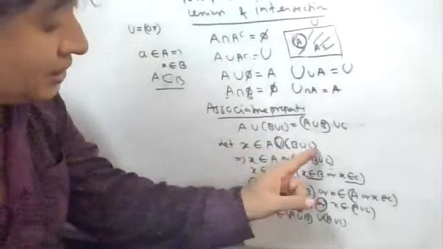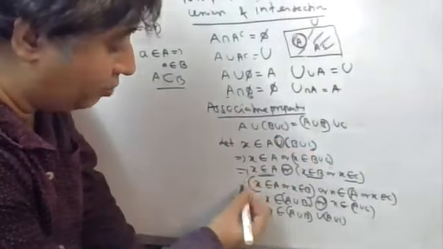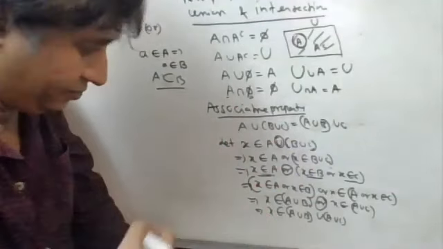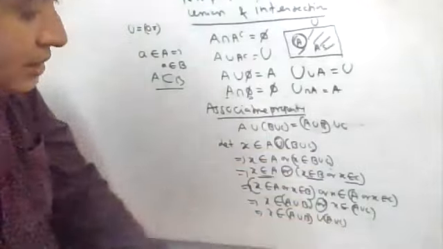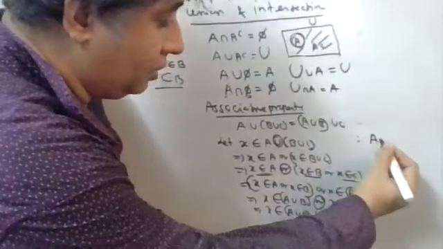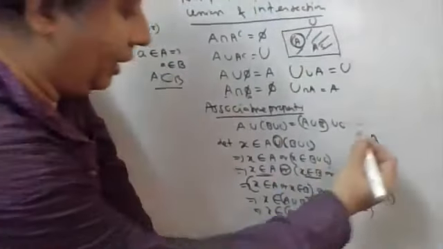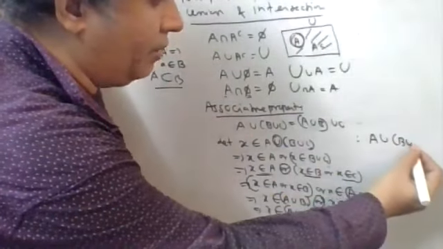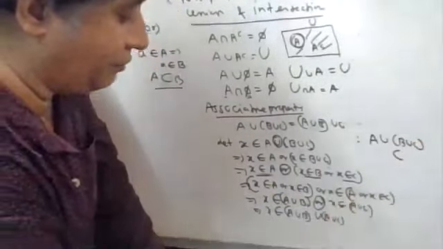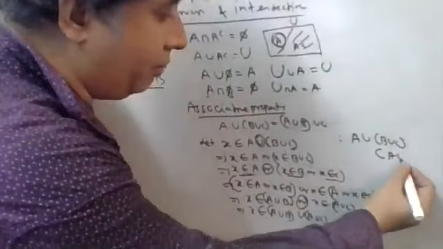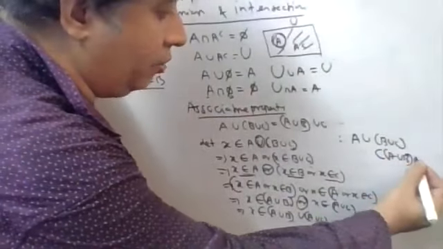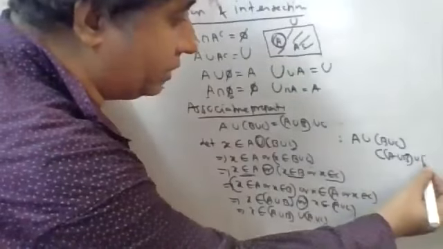X belongs to this implies X belongs to this. Therefore, A union B union C is a subset of A union B union A union C.